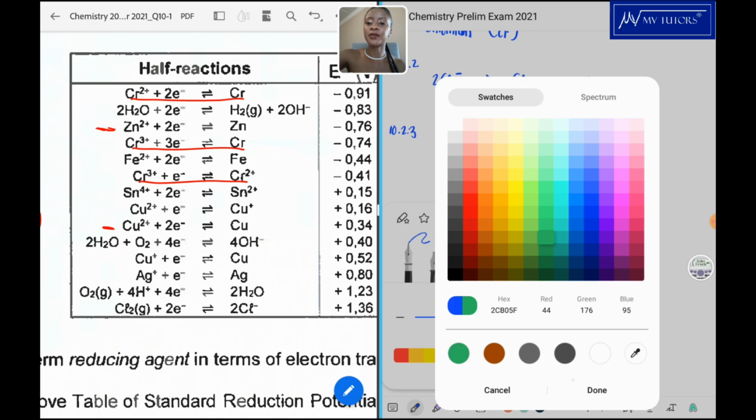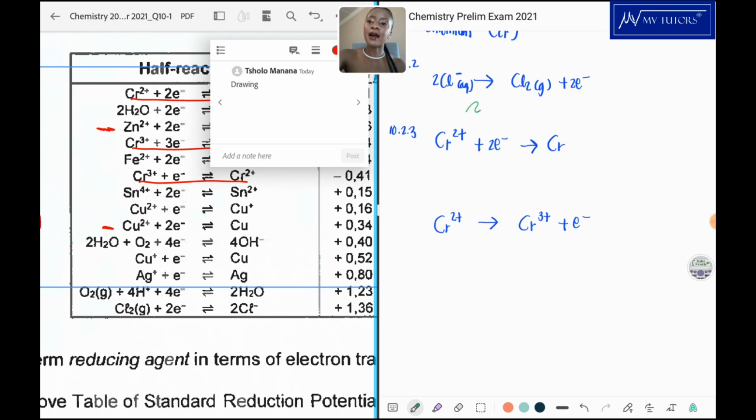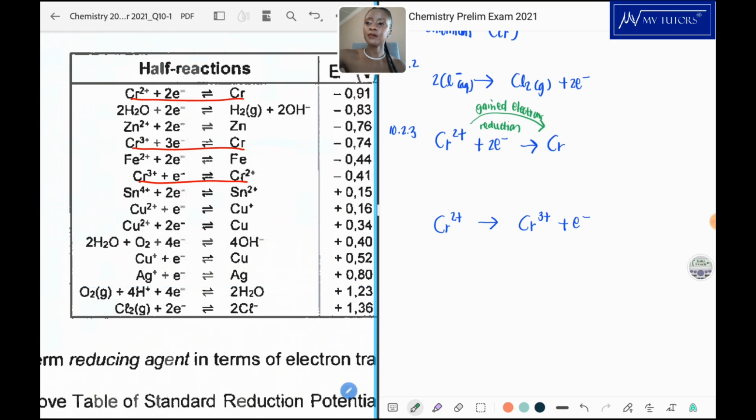So what happened in both cases, guys? Here we went from having 2 excess protons all the way to 0. So basically we gained electrons here. And if you gain electrons, it means we went through a reduction. Chromium was reduced, and since chromium was reduced, that is the reduction that occurred there.